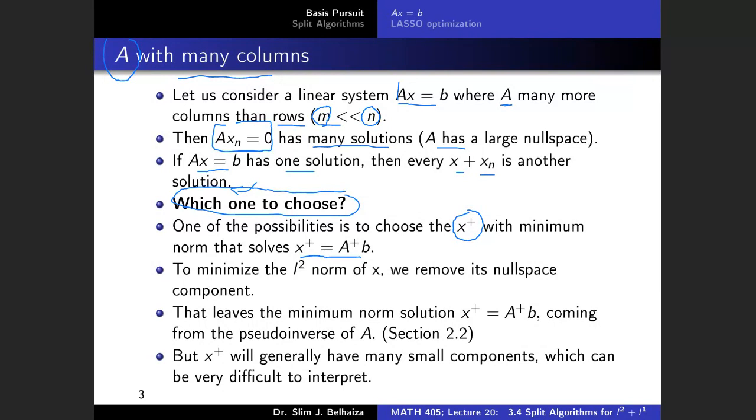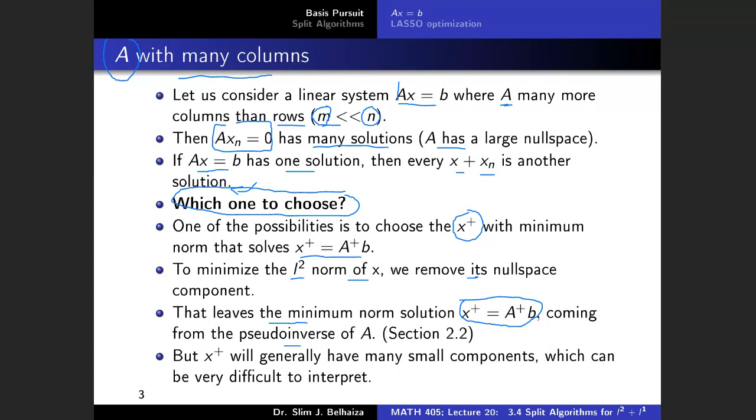And this is what we did to minimize the norm of X. We remove its null space component. Okay? In fact, that leaves the minimum norm solution, which was agreed in section 2.2, given by A plus B, and it's also one part of one question in the exam, in the current homework. So it came from the pseudo-inverse.